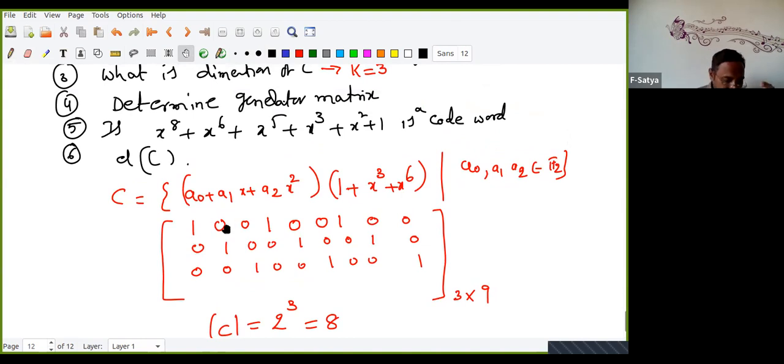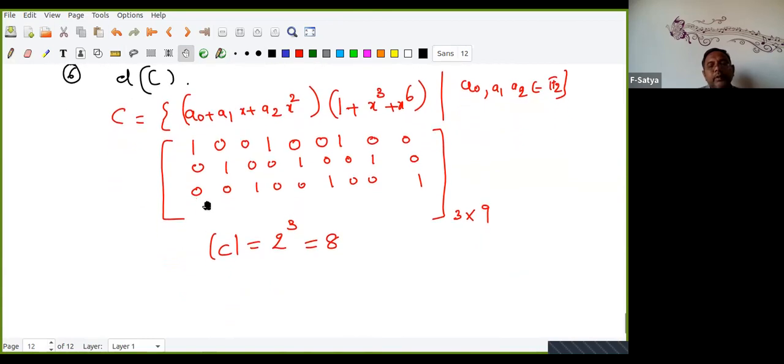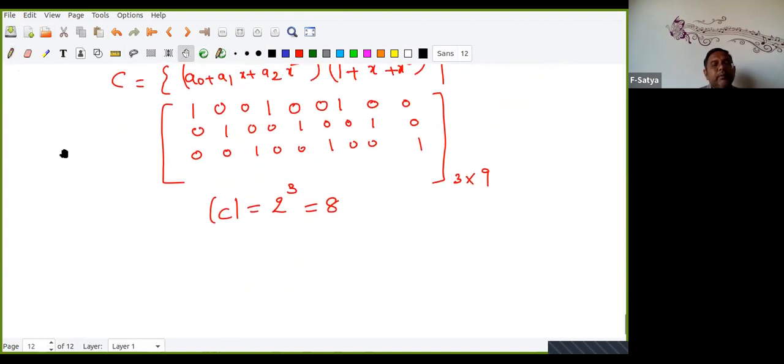So can you figure out what the distance is? To evaluate the distance, we need to write all the code words. Yeah. So let us write these as they are.